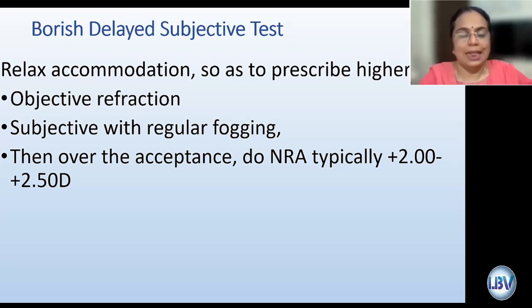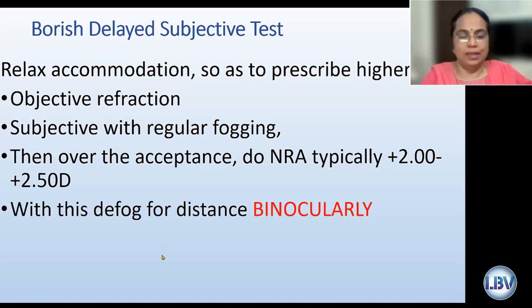Once you do this, then binocularly you defog this patient looking at the distance chart slowly, 0.25 diopters at a time, to give you the final prescription. So this is your basic Borish delayed test.